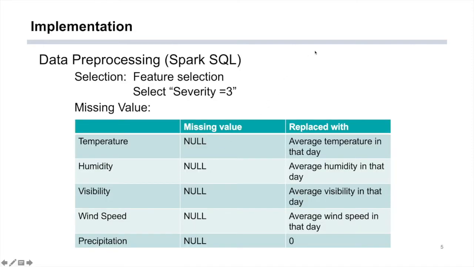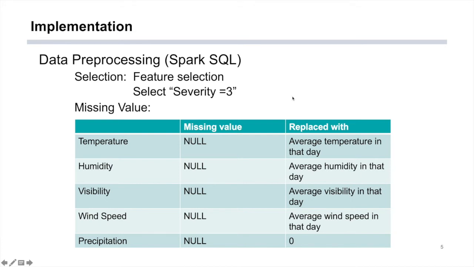The next part is data preprocessing. We use Spark SQL to select the fields we need in the dataset and then filter the records where severity is equal to 3, because what we want to do is fatal accident analysis.